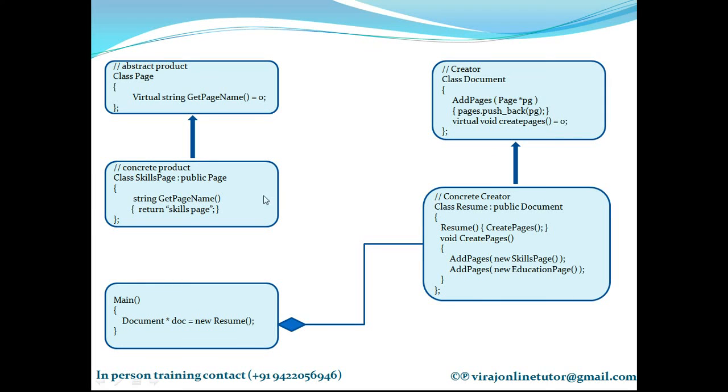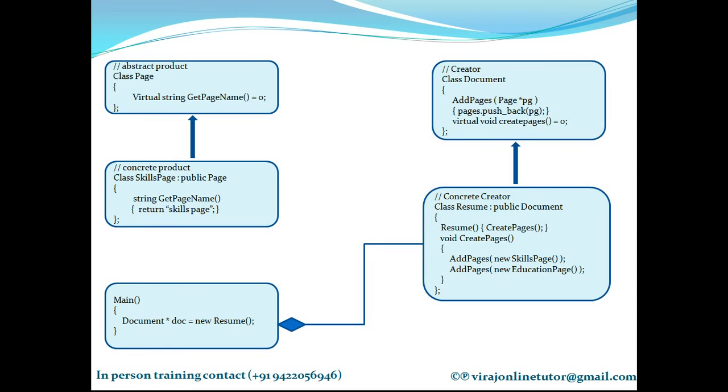So you can have many different classes over here, all inheriting from page. One is skills page. The second one which I mentioned here is education page, which will definitely come next to skills page, inheriting from page. Similarly you can have n number of different types of concrete pages, all inheriting from page, and you can create those objects here.